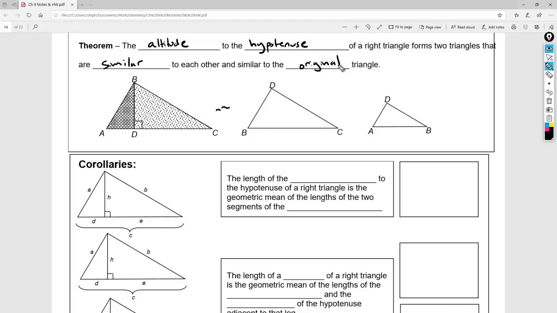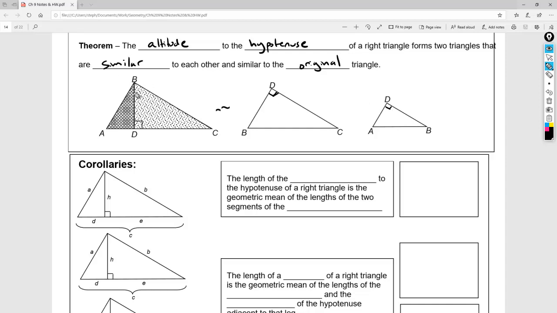So what we mean by that is if we draw the altitude of our original triangle ABC to the hypotenuse, we end up forming two triangles, ABD and BDC. Right, so this is DBC and this is ABD, where our right angle is here at D. Let's draw it a little better.